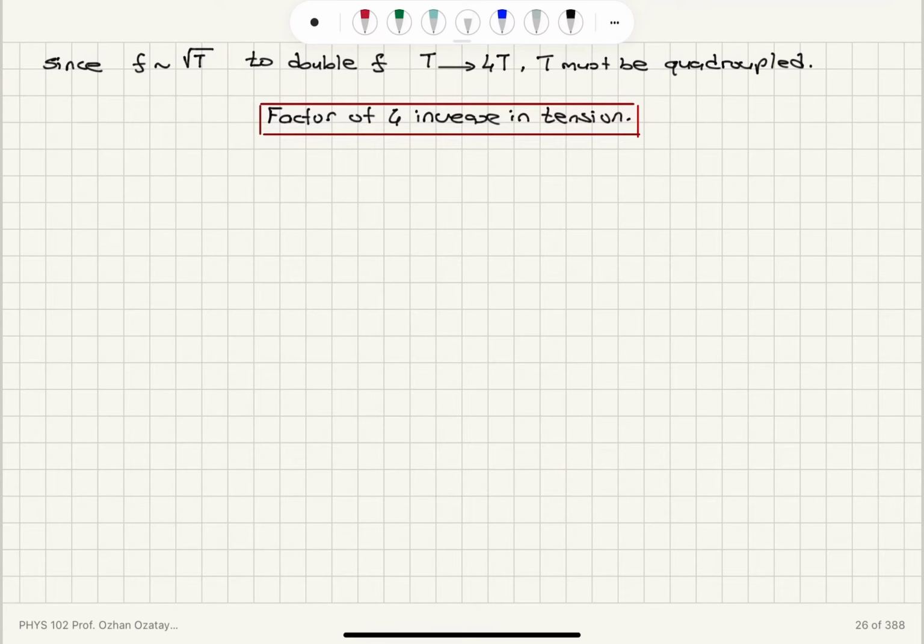All right. Now, is this a good idea or not? If you increase the tension 4 times, we're going to have a very high tension on that string. This high tension will probably damage the string.